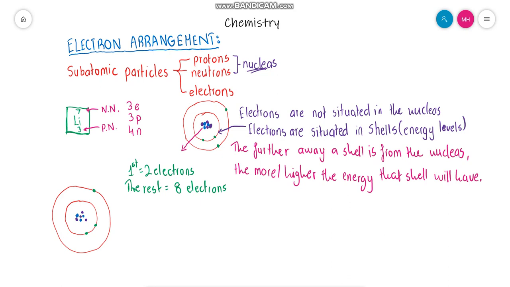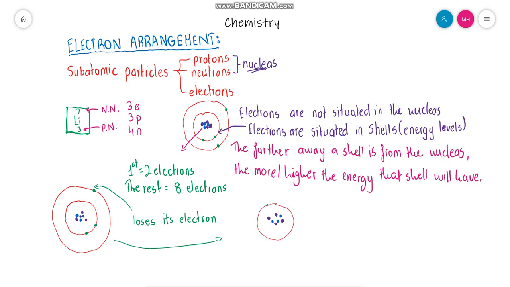So if lithium loses this electron, it changes to something like this. The number of neutrons stays the same, the number of protons stays the same, however the number of electrons changes.